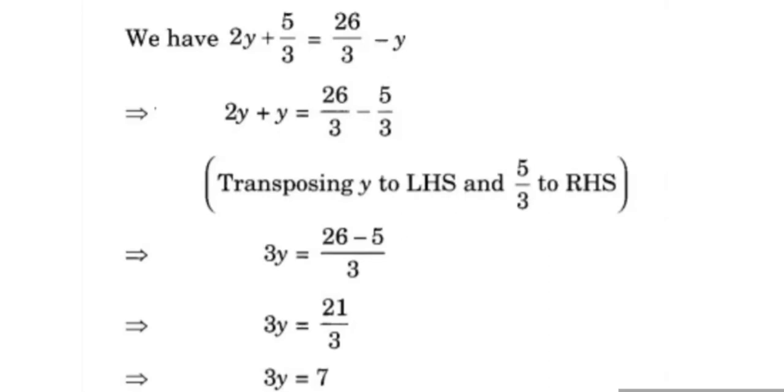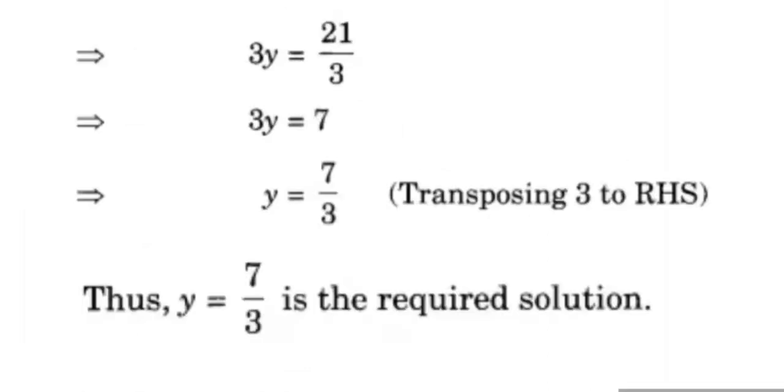So 2y plus y is 3y. Now right hand side, both the denominators are 3. So we will write 3, and 26 minus 5 is the numerator. So 26 minus 5 is 21. Means 21 upon 3. 21 upon 3 is equal to 7. So 3y is equal to 7. Means y is equal to 7 upon 3.